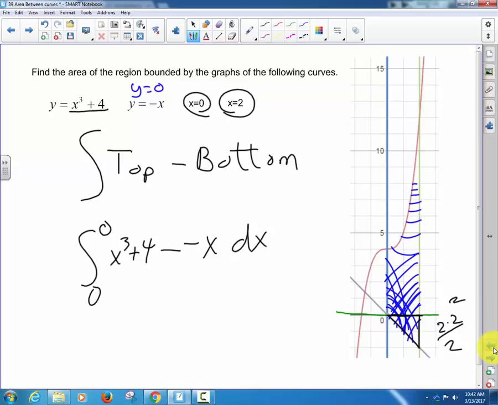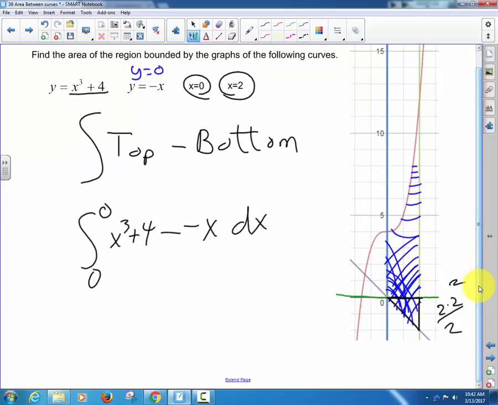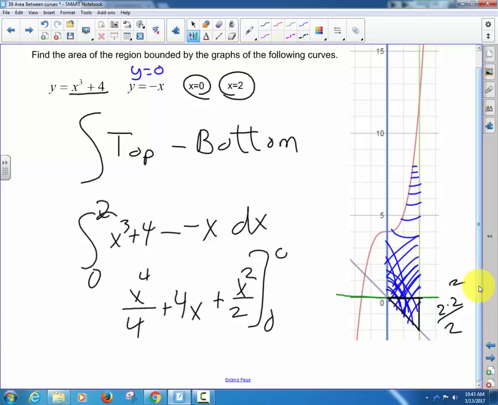So if we integrate that top minus that bottom, we should wind up with 14. Let's see if that happens. That's 2 up there. X to the 4th over 4 plus 4x plus x squared over 2. Evaluated at 0 and 2.